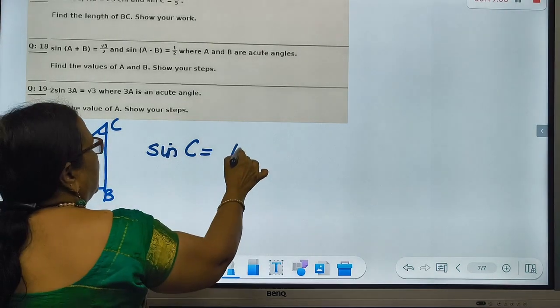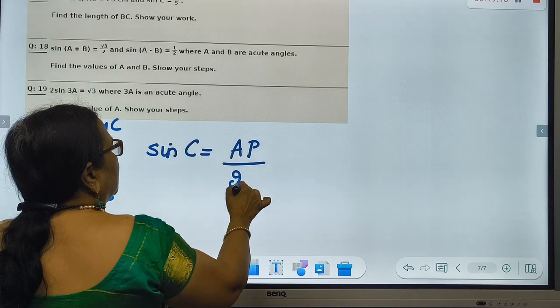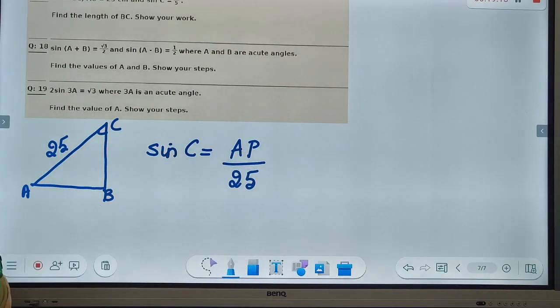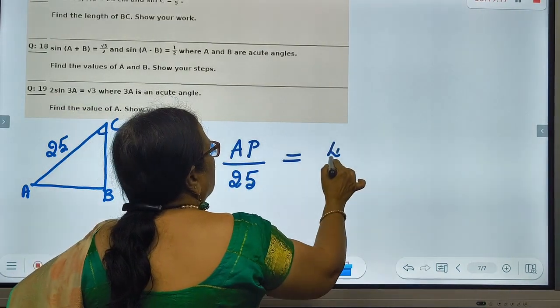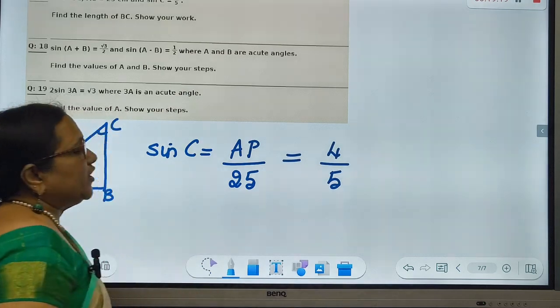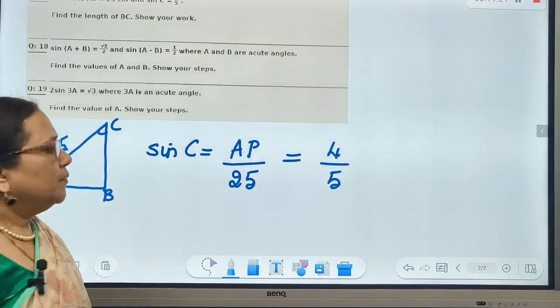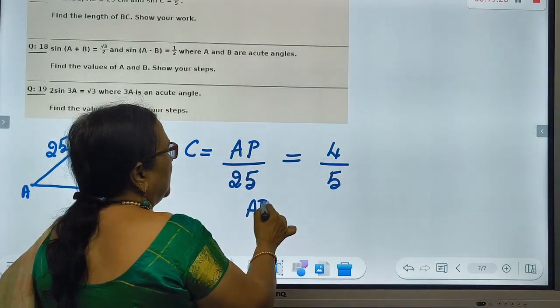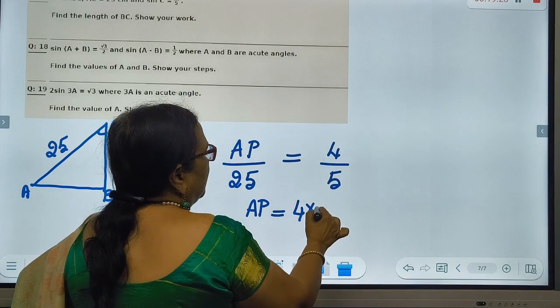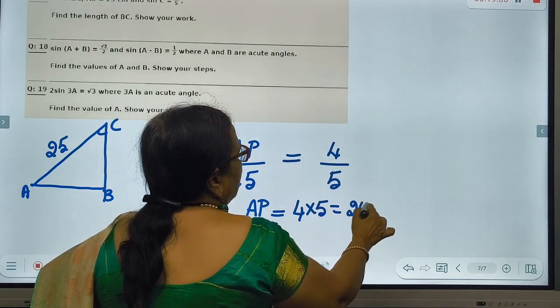Opposite side is AB by 25, but sin C is given to be 4 by 5. When you say 4 by 5, it's a ratio, so the actual value is 5 times this. So, what will be AB? AB will be 4 times 5, which is equal to 20 centimeter.